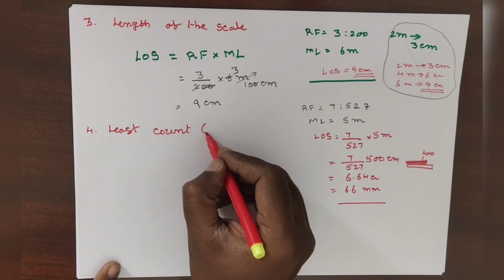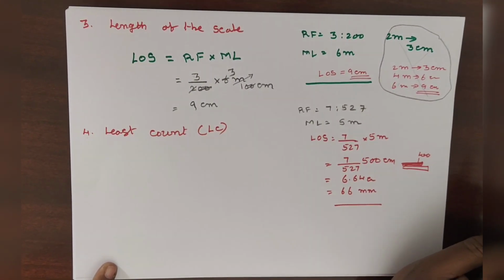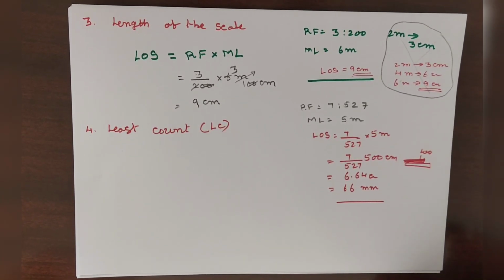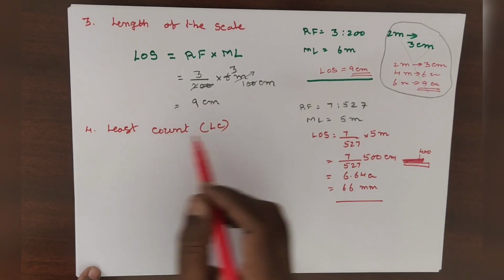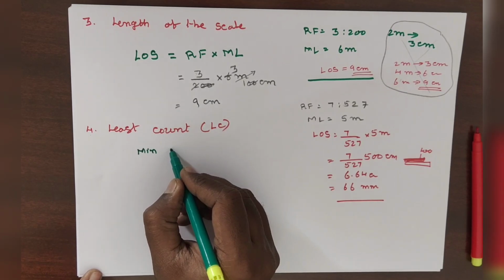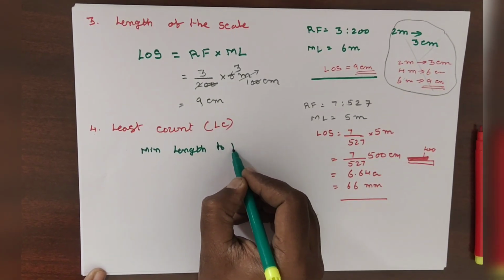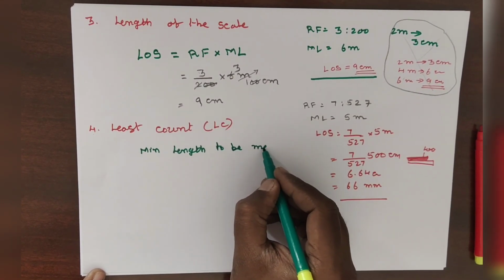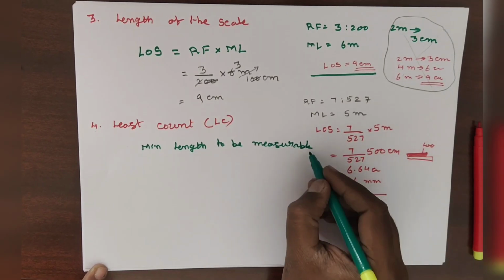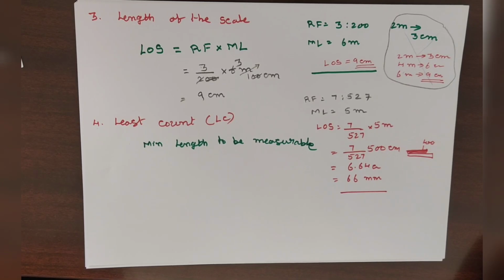Least count, LC, is nothing but the minimum length to be measurable with the scale. The least length or minimum length to be measurable with the scale is called least count.